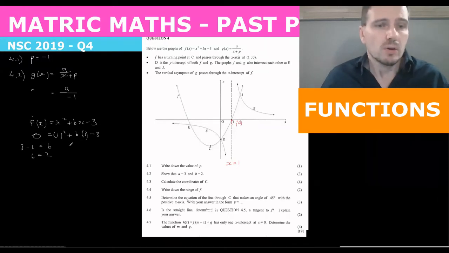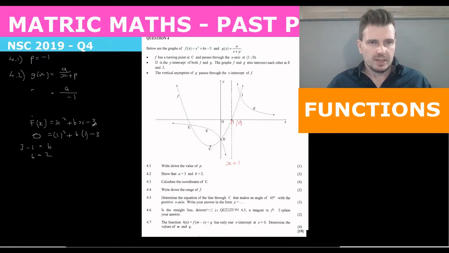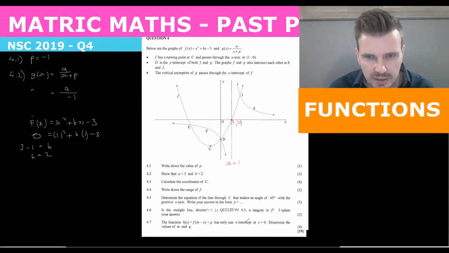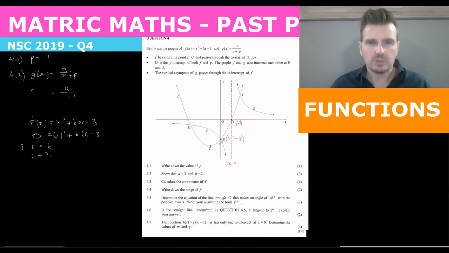Now, we know the equation of f of x, so we know that it intercepts the y-axis at minus 3, because minus 3 is the y-intercept. So we've got another point on the graph, which is (0; minus 3), which also happens to be on the hyperbola. So we can substitute those values into our hyperbola. We could have done that anyway, because they did tell us that it was minus 3, but I just wanted to double check.